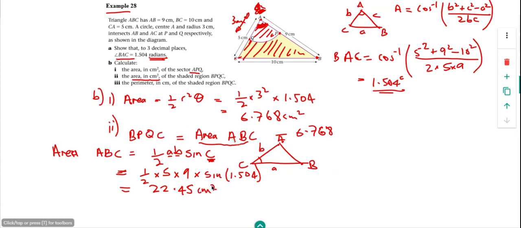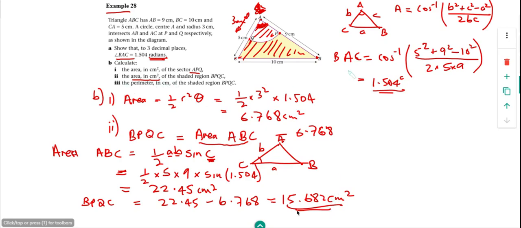So that's our area of the triangle. So that means BPQC is just a triangle area, 22.45 minus the 6.768, and for that we get 15.682 centimetres squared.